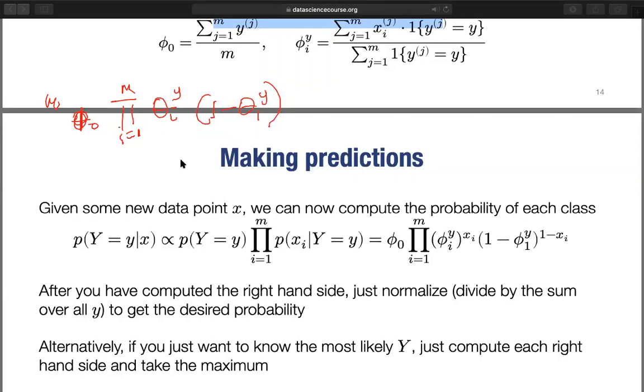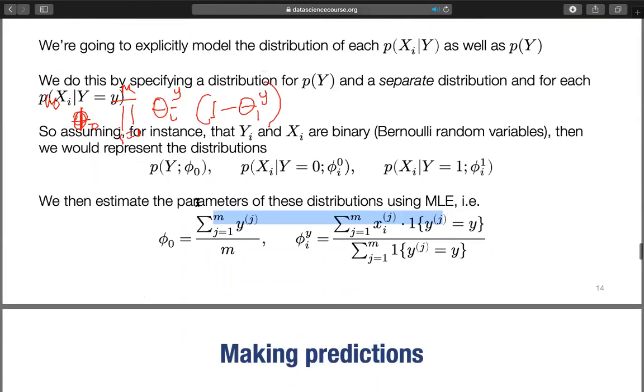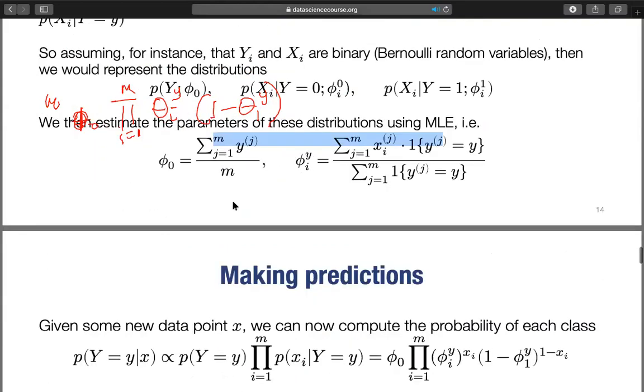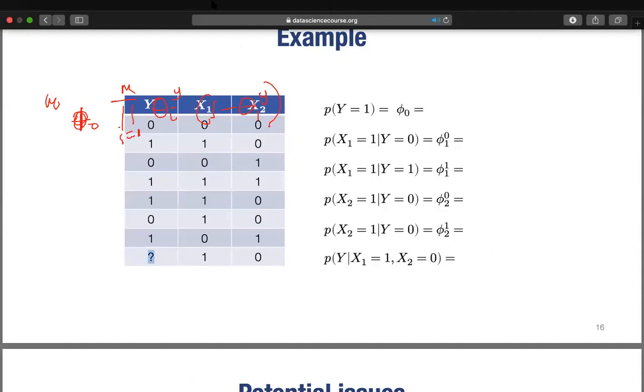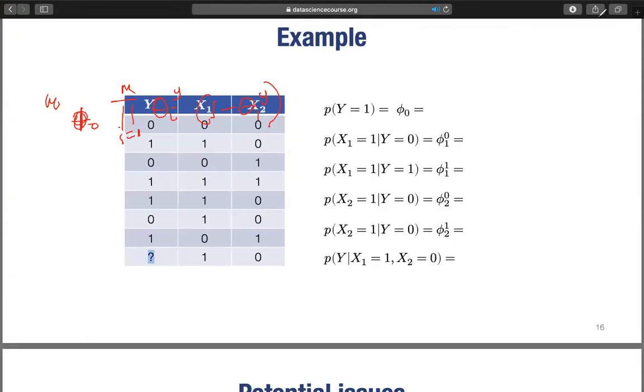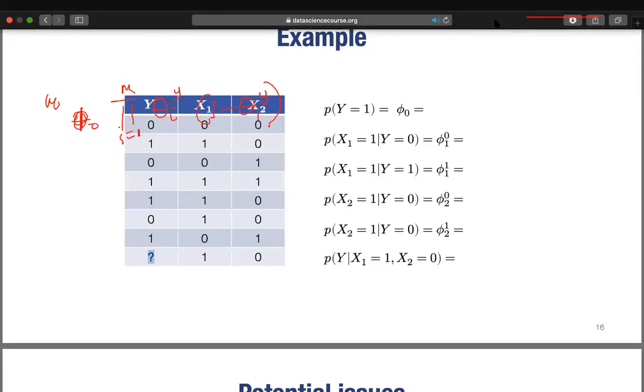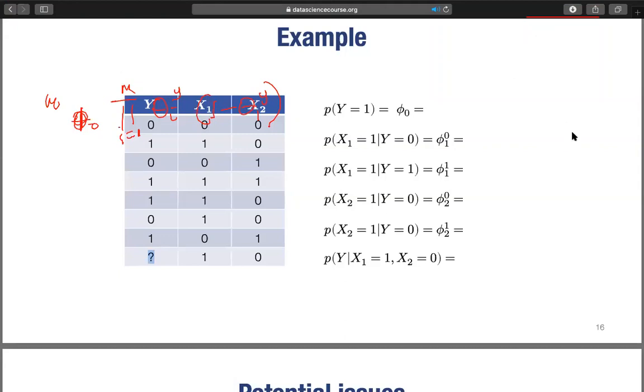We can actually use this to calculate the values for the prediction here. Already we know this is 4/7. Please remind me, I've forgotten all the values. Maybe I should be looking at the chart. 4/7, okay, thanks.